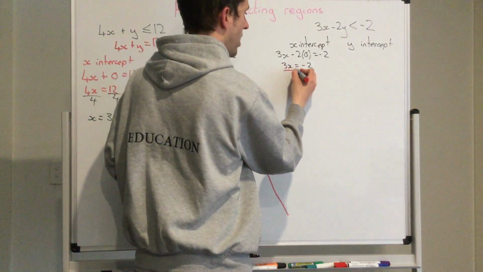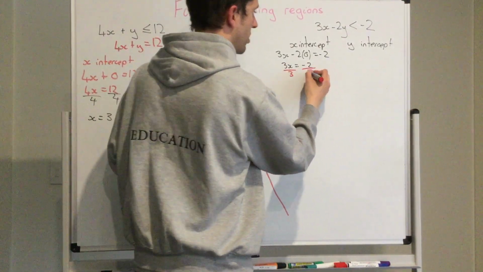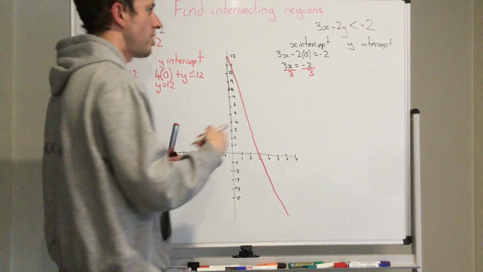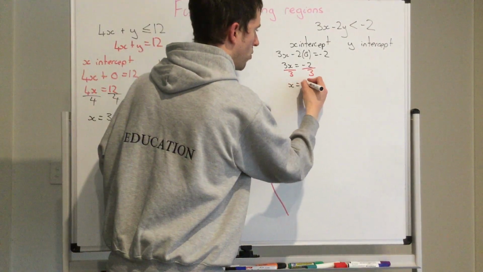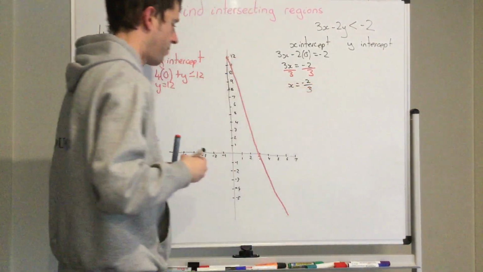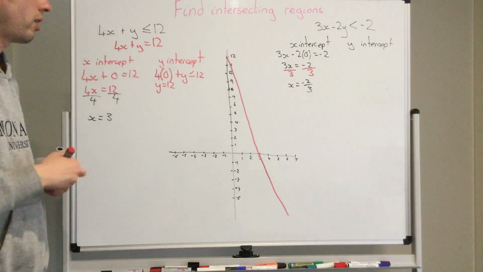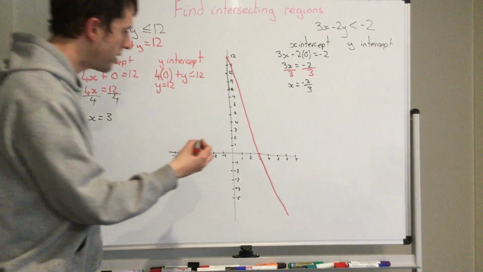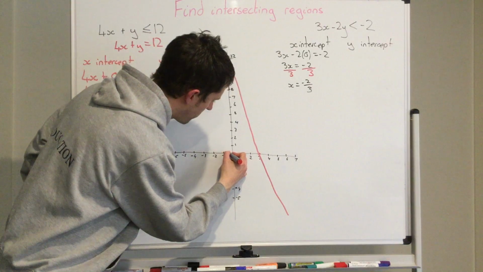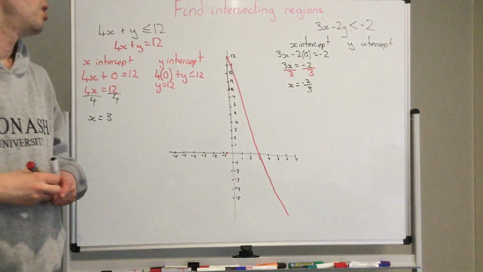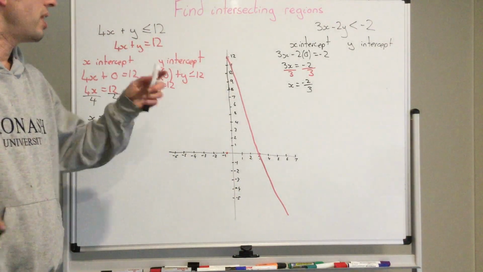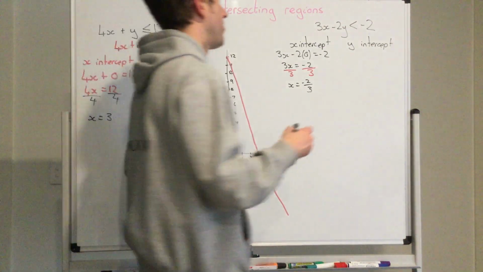Divide by 3. So I divide each side by 3. That shows me that x equals -2 over 3. That will be right here. I'll put a dot on my x-axis.